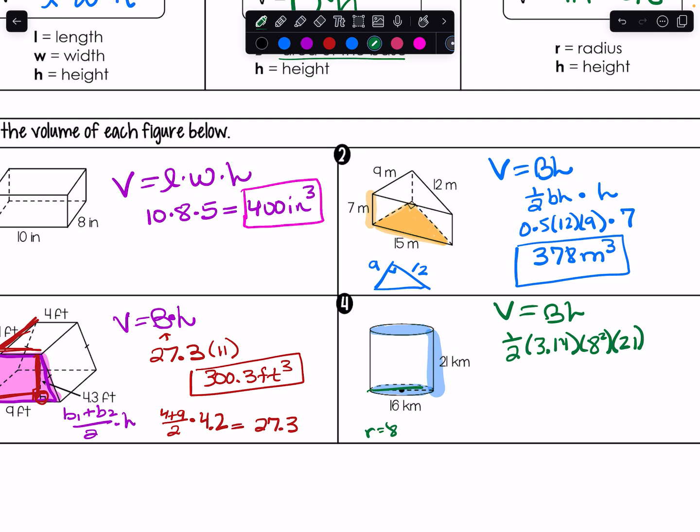In my calculator, I'm going to punch in 0.5 times 3.14 times 8 times 8 times 21. That long list is going to be my answer. And I get 2,110.08. I'm not going to round unless the directions specifically ask me to round.